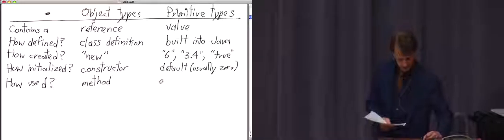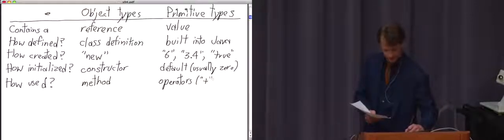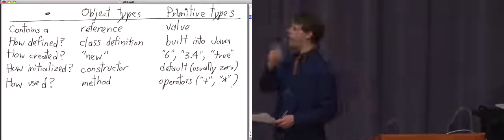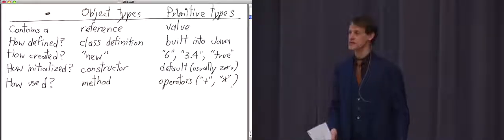Primitive types, we usually have operators that transform them from one thing to another, like addition and multiplication, and lots of other ones, which I'll try to go through all the more important operators next.